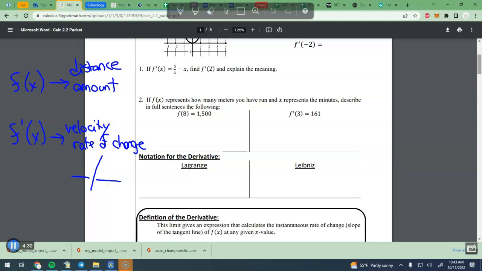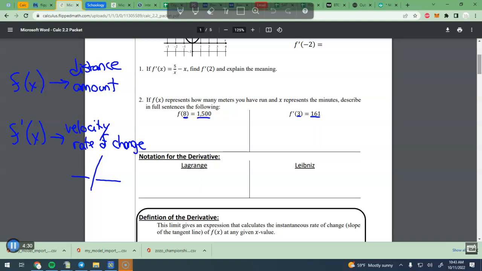So when I'm looking at number 2, they're asking me 2 different things. Interpret: what does it mean if x is 8 and y is 1500? And what does it mean if x is 3 and y prime is 161? This part A is not a calculus type of situation. It's saying x is the number of minutes.